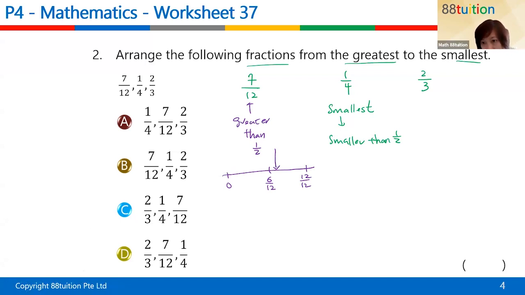Then what happens next is I need to look at this one. Also 0. This is 3/3. So this is 1/3, this is 2/3, right? So this one is also greater than half, because my half is here.